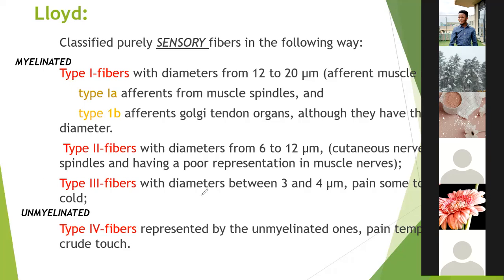Now, number 3, again, we have some of the pain we are talking about and the cold. So these ones are equivalent, as you saw from the Erlanger-Gasser, to which class? According to the Erlanger-Gasser, cold and sharp pain. Which class according to Erlanger-Gasser?